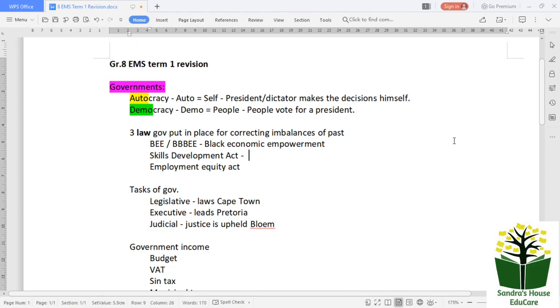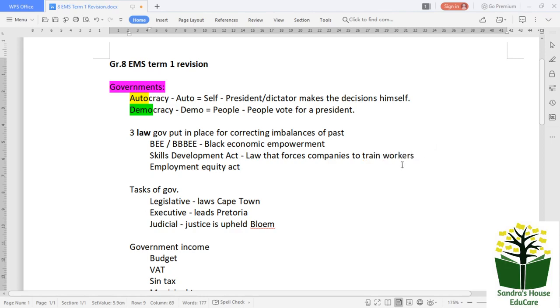The Skills Development Act is a law that forces people and forces companies to train workers.